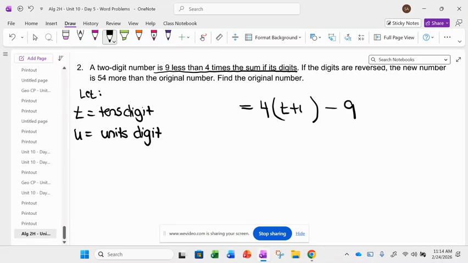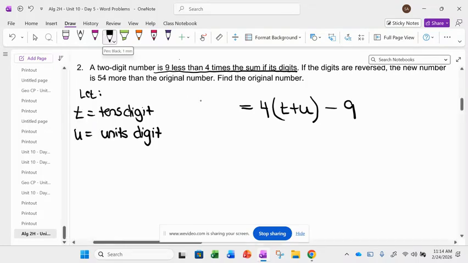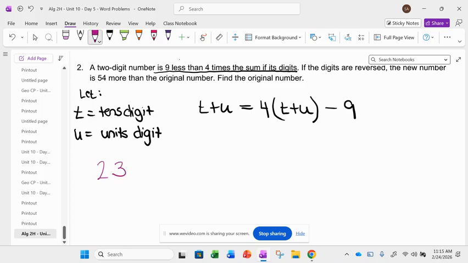So T plus U. Is everybody okay with that part of the equation? Now, this 2-digit number is not just T plus U. Let's think about the number 23. Is the value of 23 2 plus 3, which is 5?